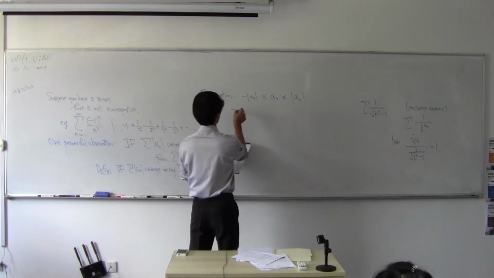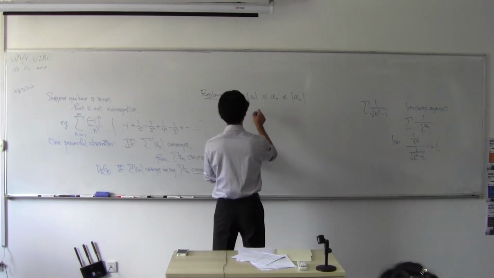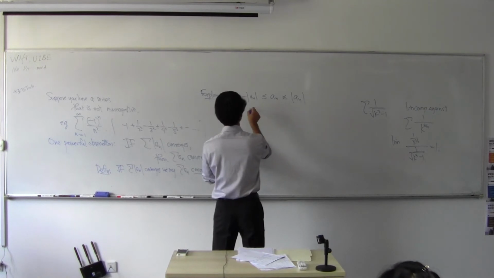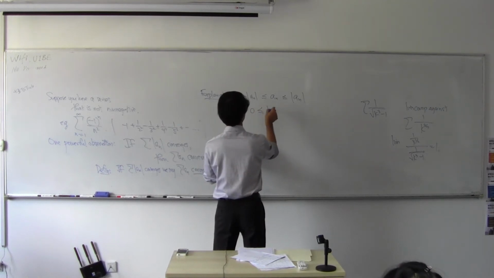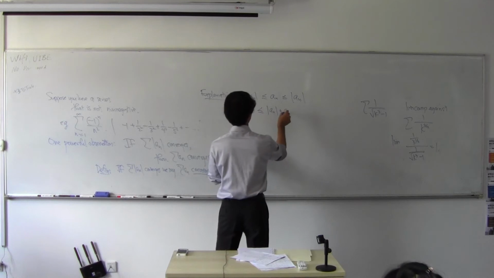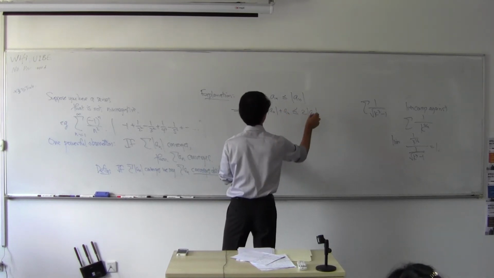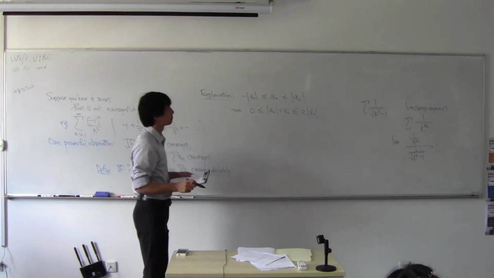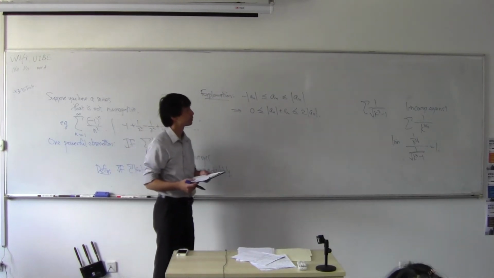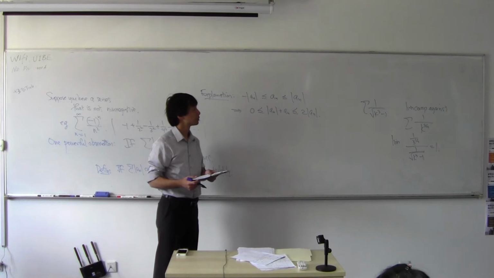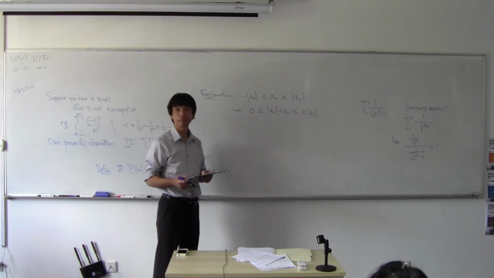So 0 is less than the absolute value of a sub n plus a sub n, which is less than 2 times the absolute value of a sub n.